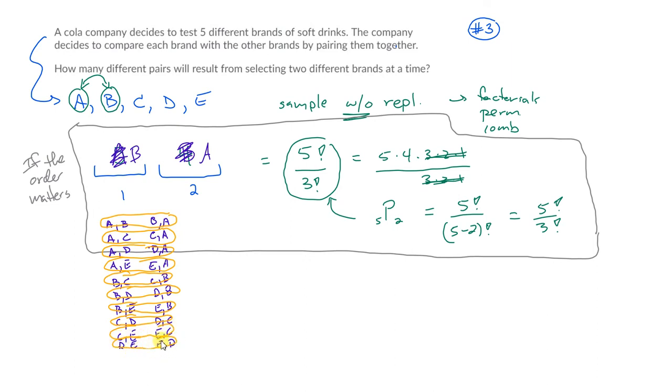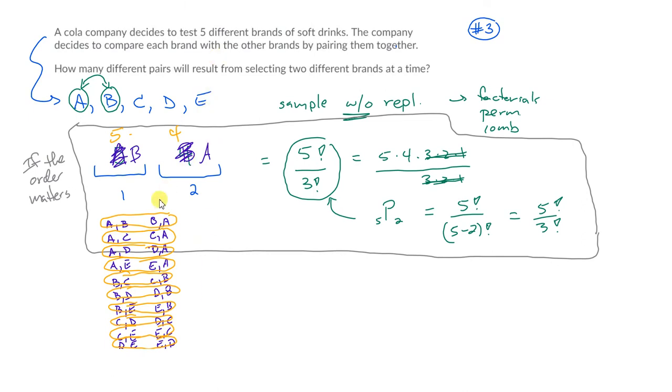How many different categories, like AB and BA, that's one possible pairing. How many pairings are there? There's 10 of them. So how do I reduce the 20, which is 5 times 4, right? There were 5 ways to do this, 4 ways to do this. That's 20. How do I reduce it to 10? The answer is divide by 2.